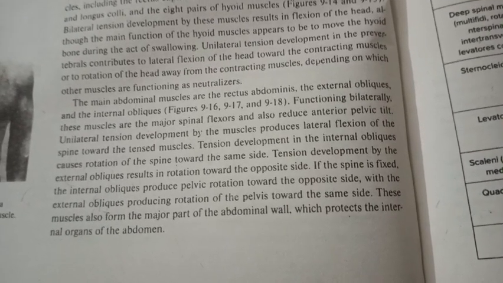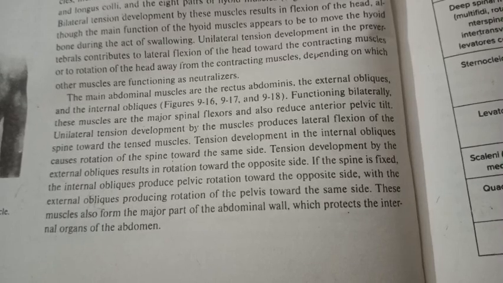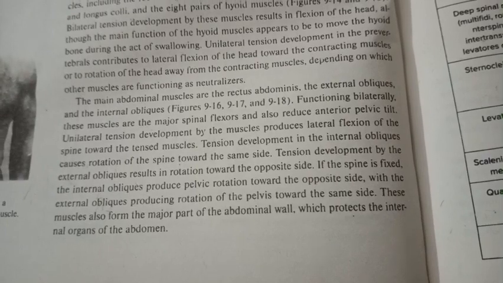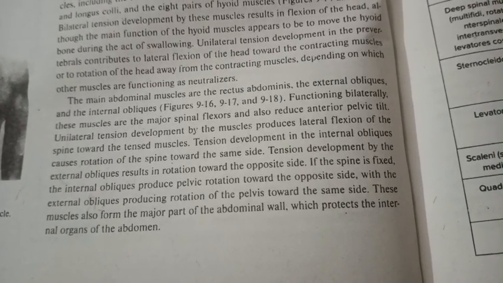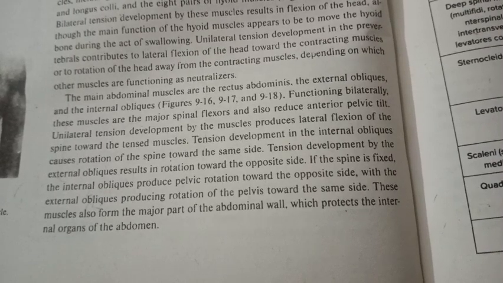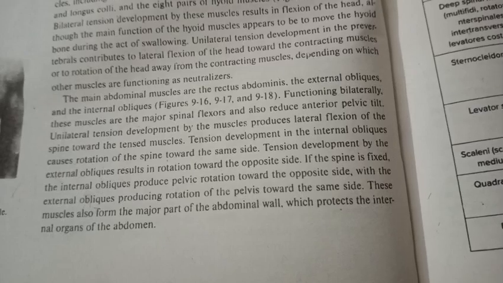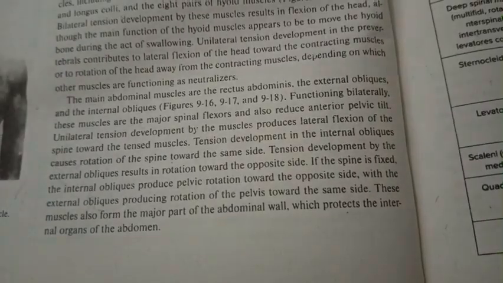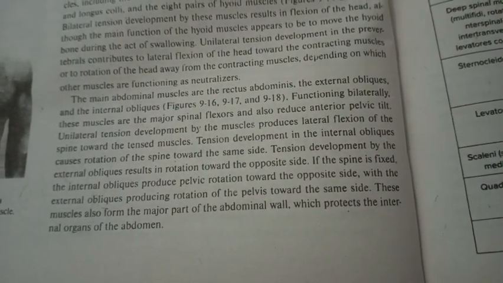If the spine is fixed, the internal oblique produces pelvic rotation toward the opposite side, with the external oblique producing rotation toward the same side. These muscles also form the major part of the abdominal wall, which protects the internal organs of the abdomen.